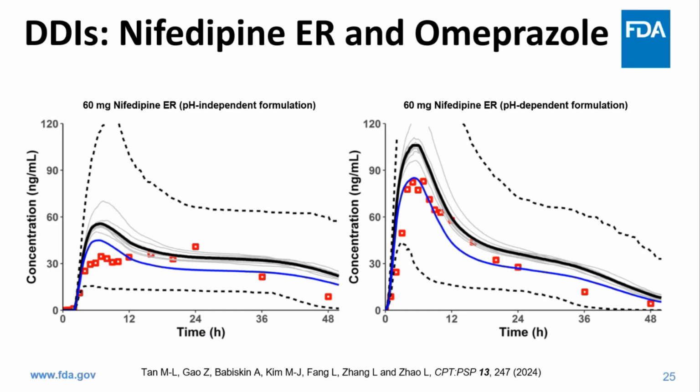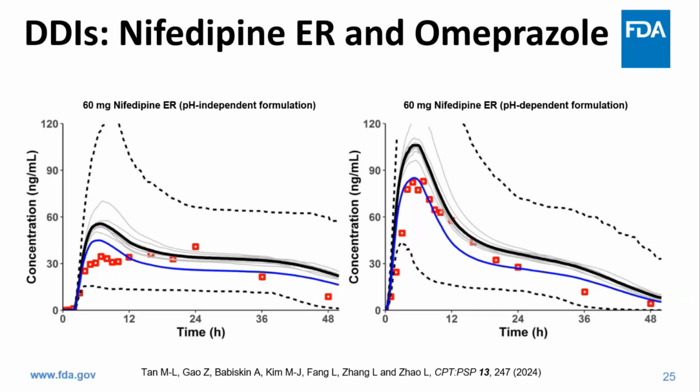Shown here are the simulated nifedipine plasma concentration time profiles in a healthy population after administration of a single dose of 60 milligram nifedipine ER tablets, with pH-independent formulation shown on the left panel and pH-dependent on the right panel, with daily omeprazole pretreatment for 7 days prior to the nifedipine administration.